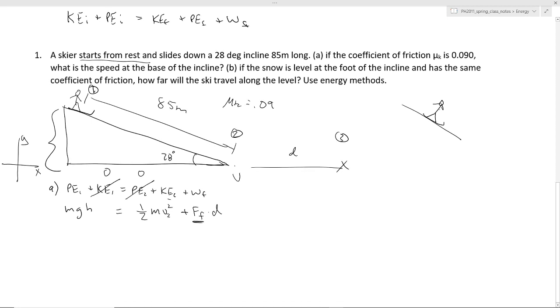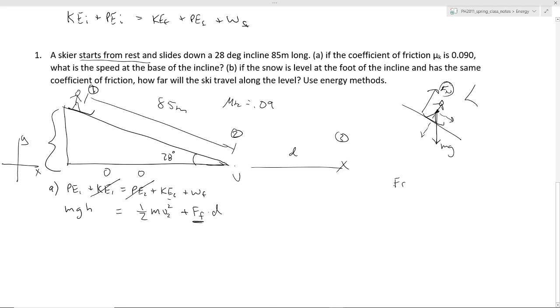So recall, he's going to have some weight. There's going to be a part that's along and a part that's perpendicular. He's going to have some normal force. And really, the only part that we're interested in is the normal force, because the normal force is what we need to calculate friction.